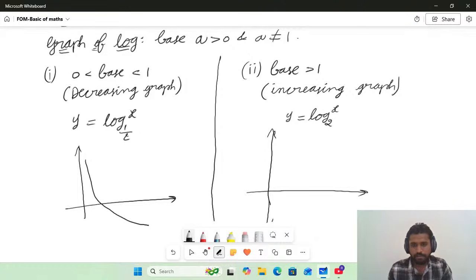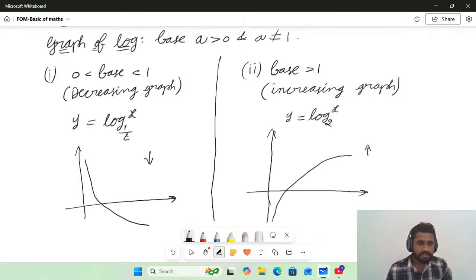So it will be like this. If the base is greater than 1, this is the graph, and if the base is lying between 0 and 1, this is the graph. Decreasing function and increasing function. Okay, clear?